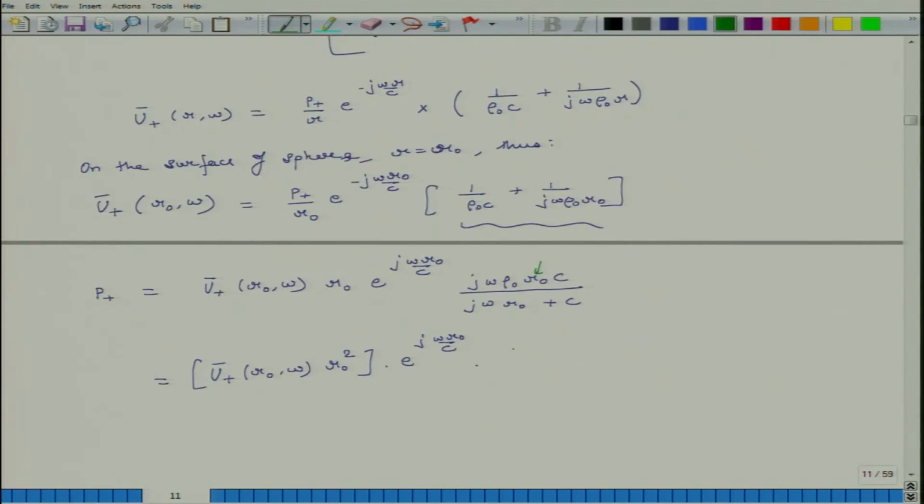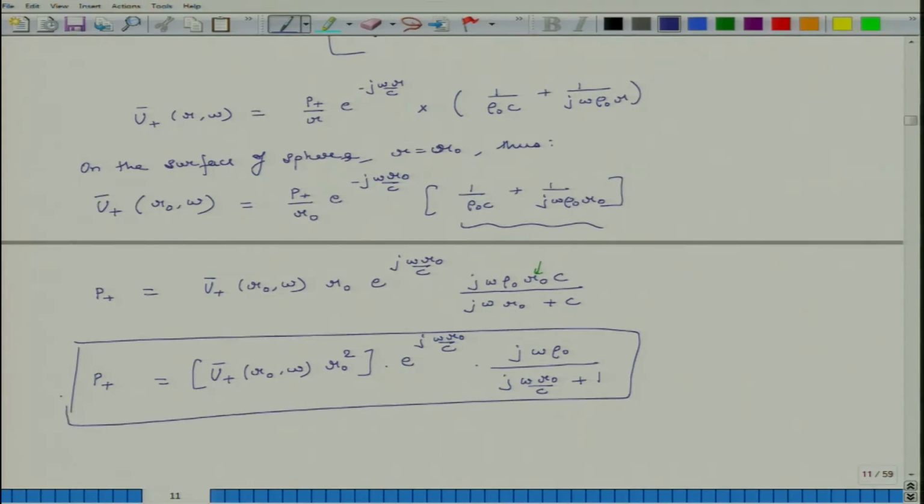And then I am left with j omega rho naught, and what I am doing is I am dividing the numerator as well as the denominator by c. So, c from the numerator goes away, and in the denominator I am having j omega r naught divided by c plus 1. So, this is my expression for P plus.